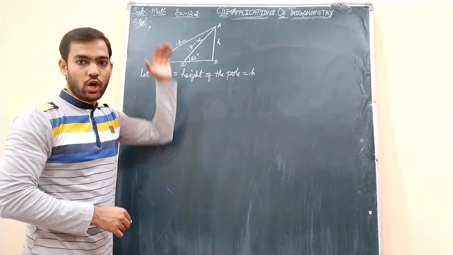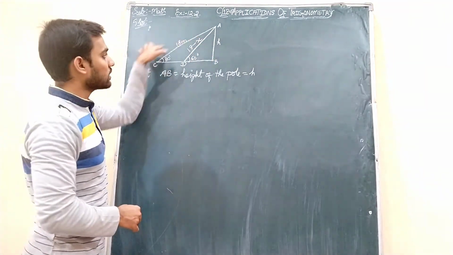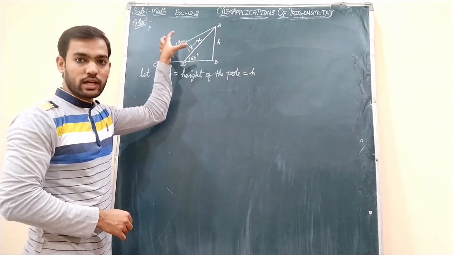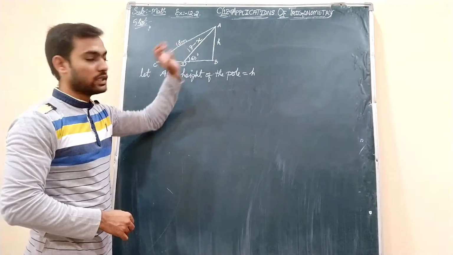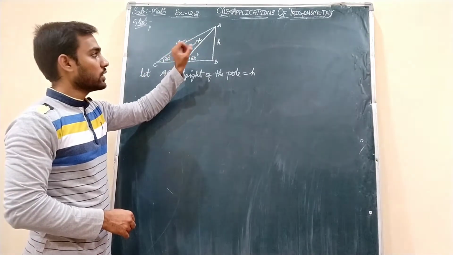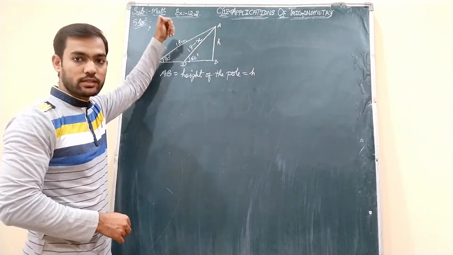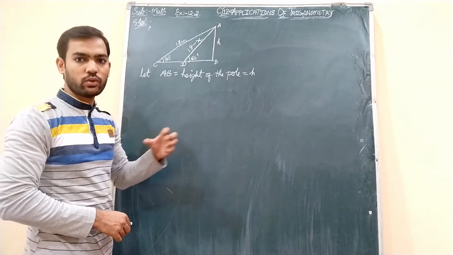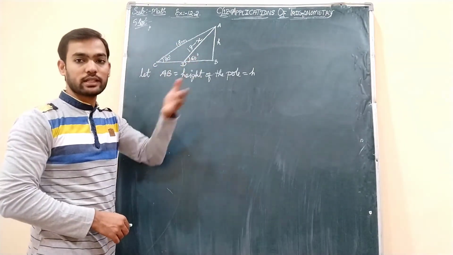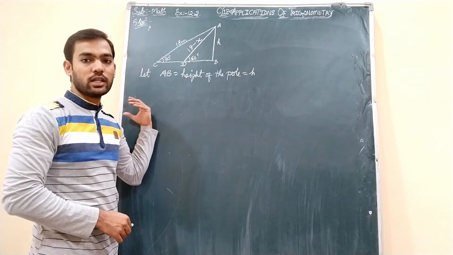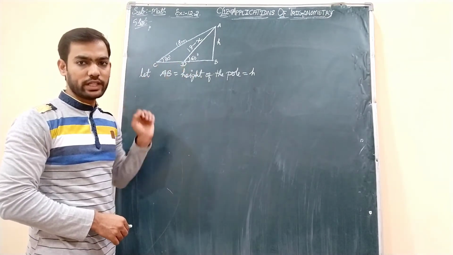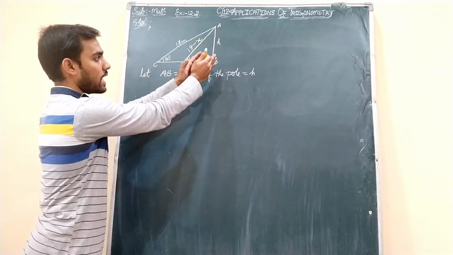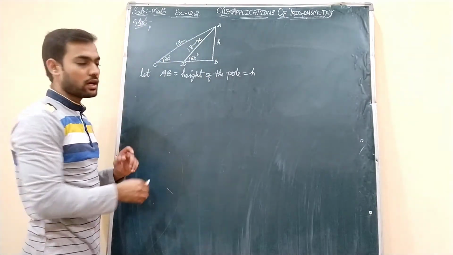This height of the pole is common for both the wires and the lengths of the wires are involved over here. One length of the wire is given, another wire length is missing, that we need to find out, the x value. So height and hypotenuse are involved, adjacent is not involved. So no need to write the considerations about the distance between one end of the wire and the foot of the pole. Just write about the height and about the length of the wire.